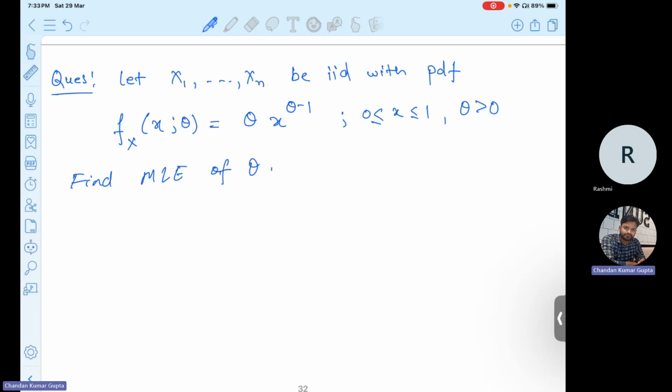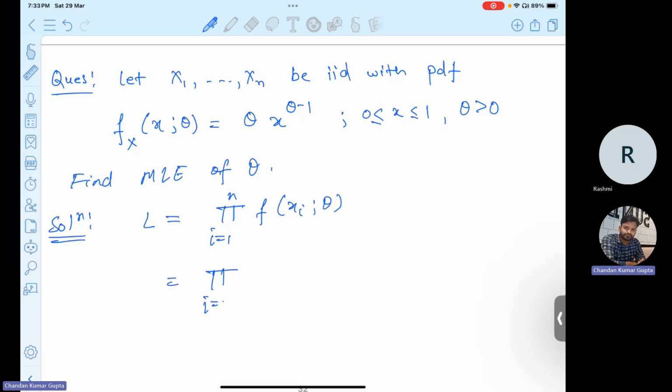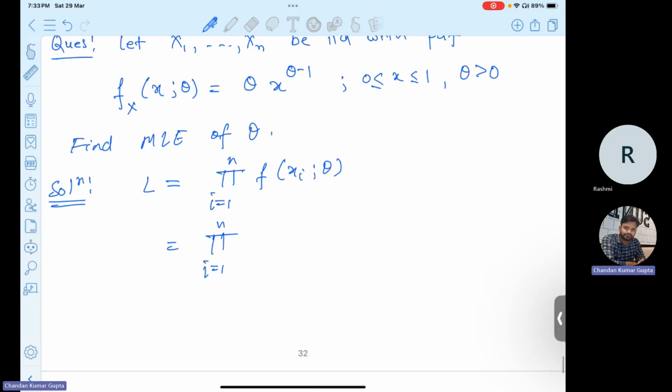Now we are given the PDF and we need to find the MLE. So our first step is to construct the likelihood function. The likelihood function is the product over i from 1 to n of f(xi; theta), so product over i from 1 to n of theta x to the power theta minus 1.